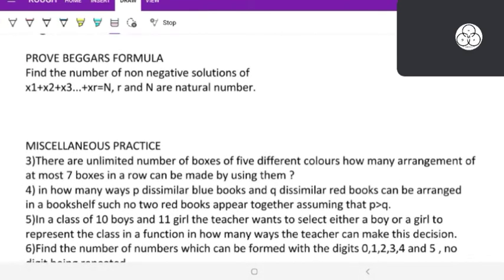So the first question: there are unlimited number of boxes of 5 different colors. How many arrangements of at most 7 boxes in a row can be made by using them? Just think about this question.